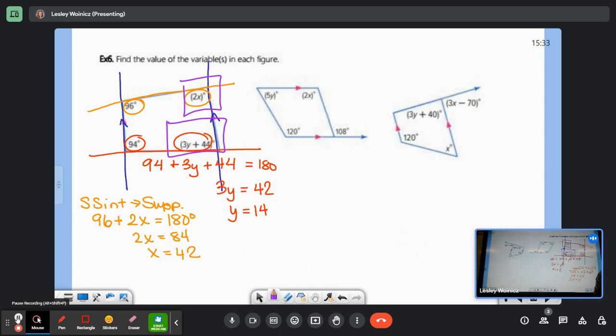The answer is, I'm going to help you out because we're almost done: these two lines are not the parallel lines. It's these two. This is not the transversal, it's a parallel line. Got it? Okay. Let's try this one.